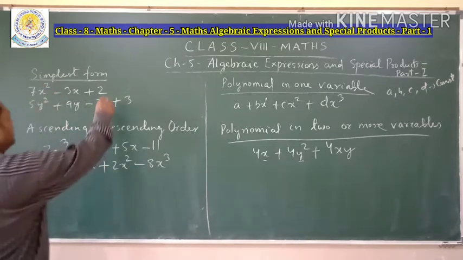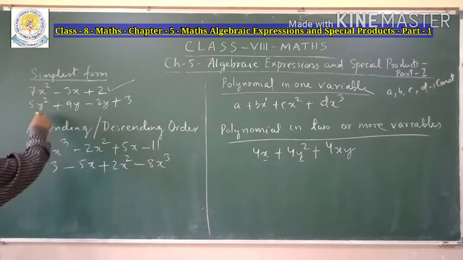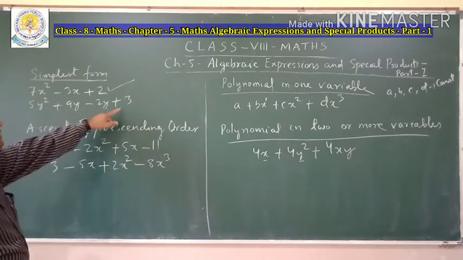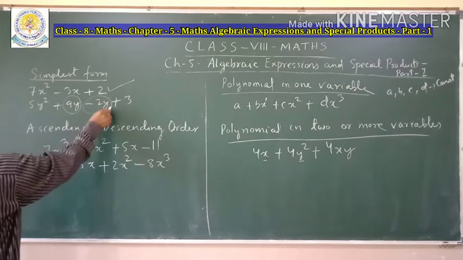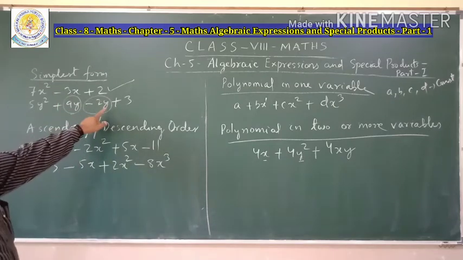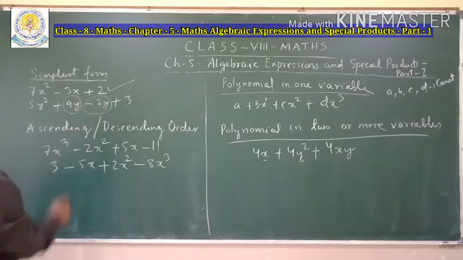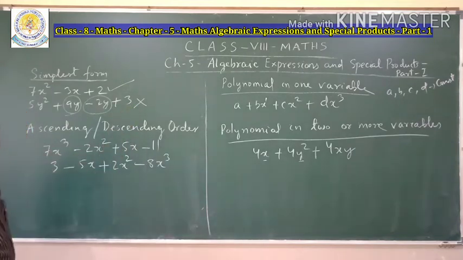So we can call it the simplest form, that means no 2 terms are repeated. In the next example we see 5y square plus 9y minus 2y plus 3. Here 9y and minus 2y have the same variable with the same power, y to the power 1. That means this form is not in simplest form.